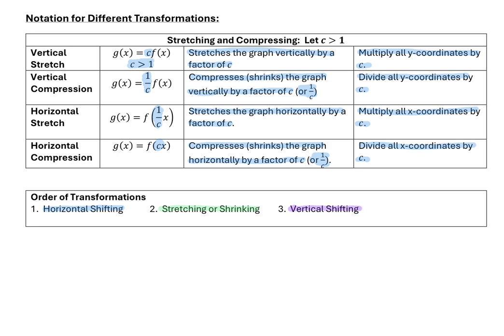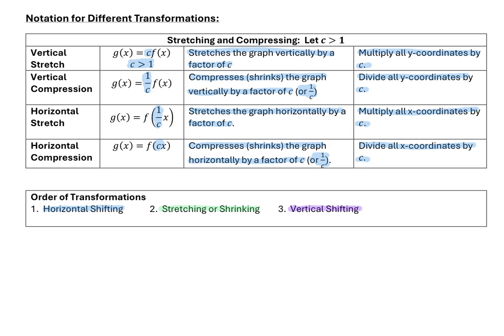And so just like previously, remember vertical, we do exactly what it says, and we do it in the order that we should be doing it. Vertical, when we talk order of operations, we multiply and divide, and then we add or subtract. With horizontals, we do it backwards. So we do the opposite of what it says, and we do it in the opposite order.